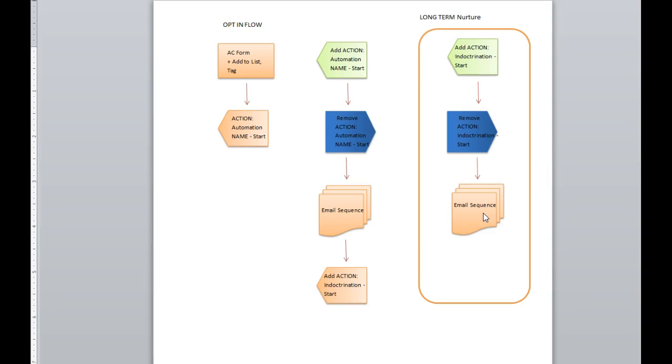All you have to do is search for tags, go to manage tags, search for that start tag, and then you would clearly see all the automation that has the action tag for the long-term nurture start.